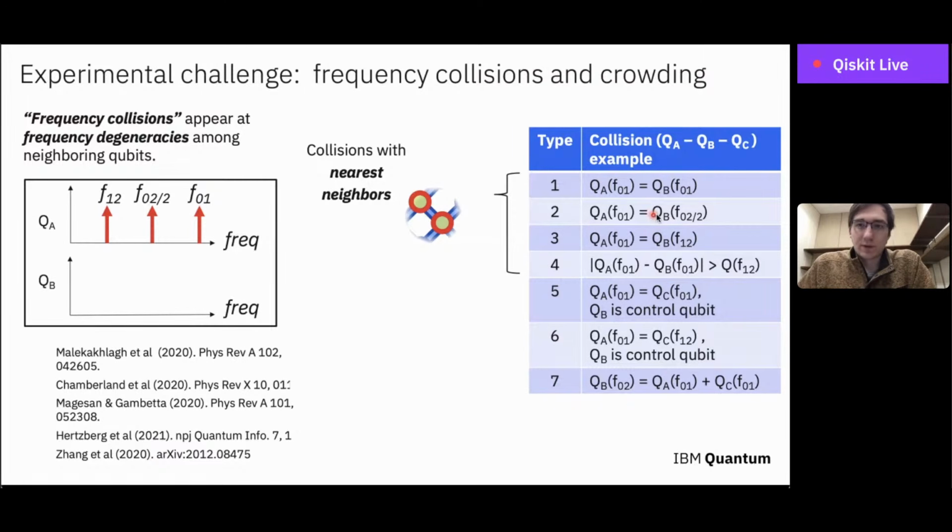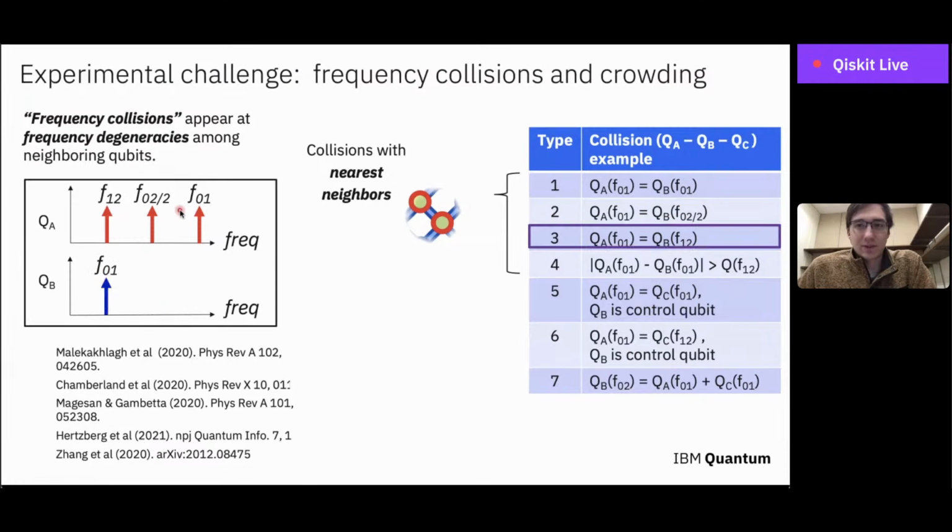So what are some of these degeneracies? Well, if the neighboring qubits have the same transition frequency between their 0 and 1 levels, then you get a frequency collision. Or if the transition between 0 and 1 of the target qubit is like the transition frequency between 0 and 2, divided by 2, of the control qubit, then you also have a collision.